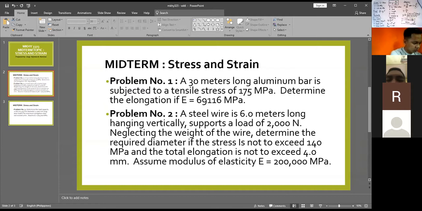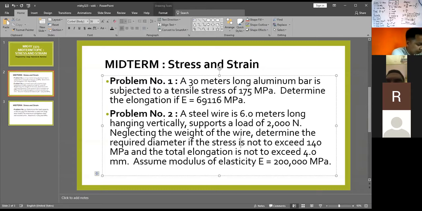Neglecting the weight of the wire, we are going to determine the required diameter if the stress is not to exceed 140 megapascal and the total elongation is not to exceed 4.0 mm, assuming that the modulus of elasticity is 200,000 megapascal.